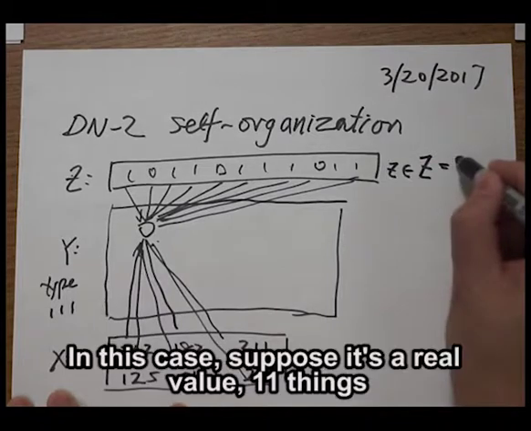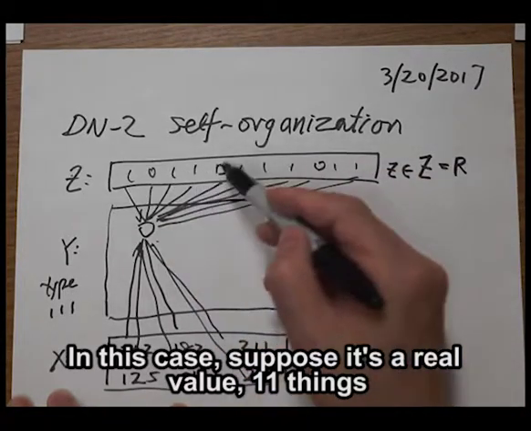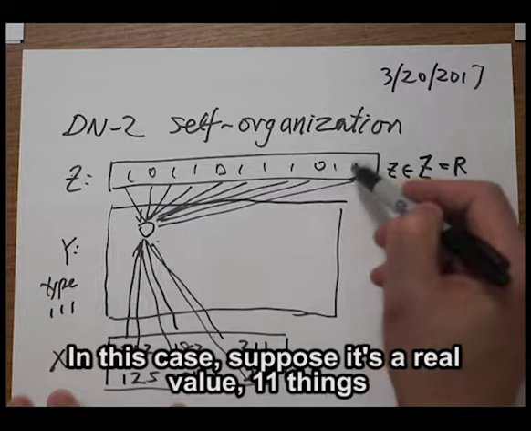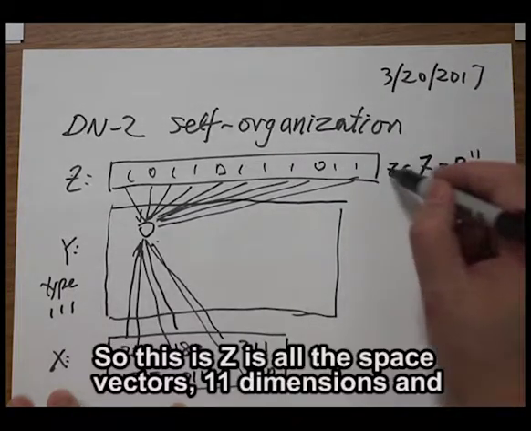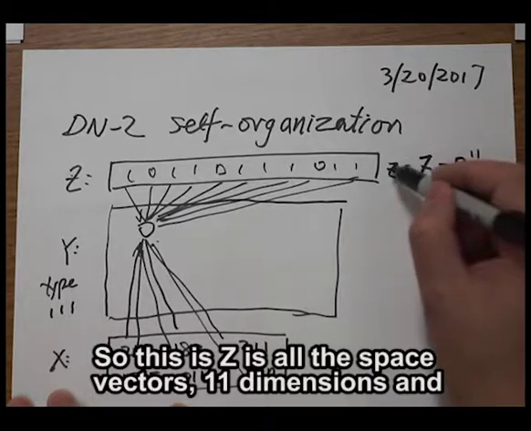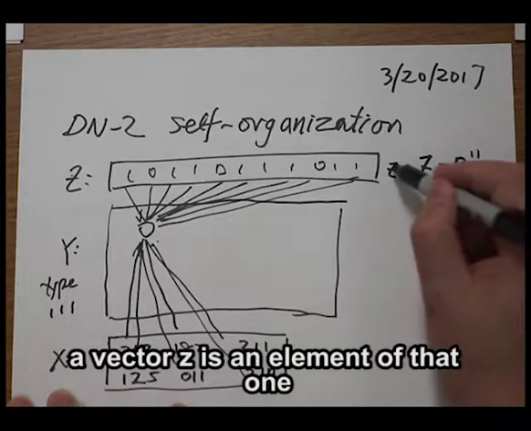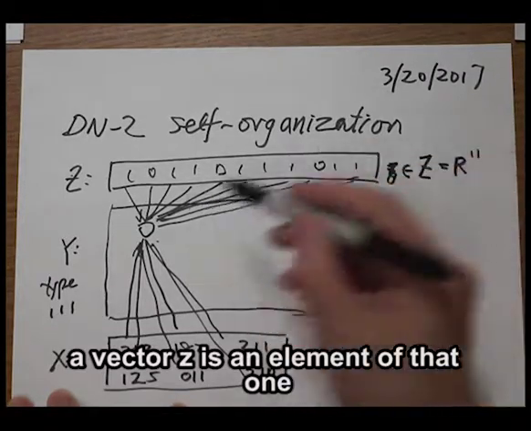In this case, the values are 1, 2, 3, 4, 5, 6, 7, 8, 9, 10, 11. So this is all the space vectors, 11 dimensions, and a vector Z is an element in that one.